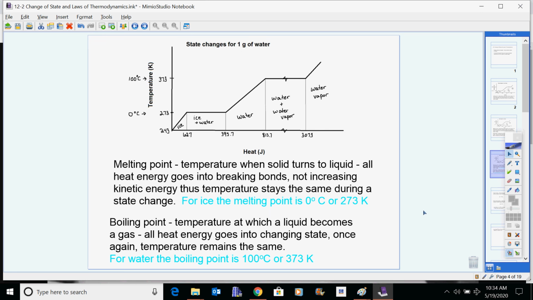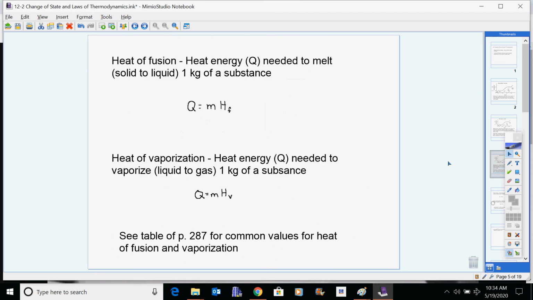Now, if there were another type of substance, that melting or boiling point would have to be given to you. And you can think about your meltable metals when you think about melting as well, or you can even think about boiling metals. Okay, you can think about changing over into other phases with some of those things.